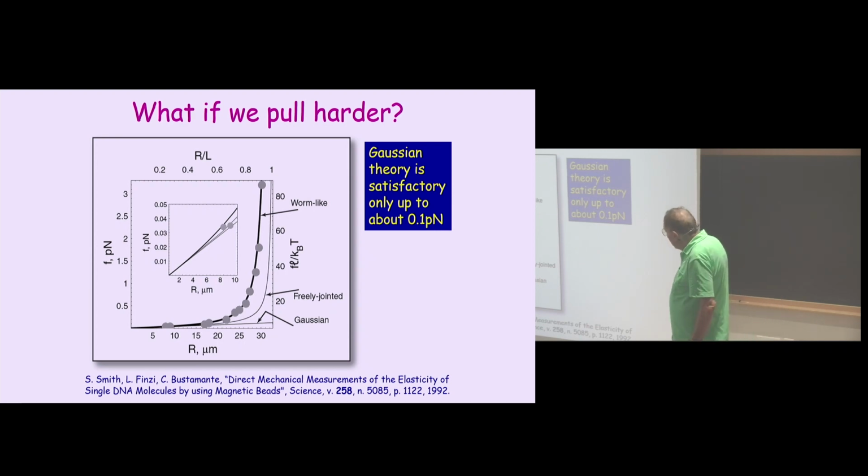The beauty of this experiment is it showed actually that this is not described by freely jointed chain, which is this line. The points well approximate the worm-like elastic rod bending model, which is the model for DNA, but in terms of the qualitative fact that I am concentrating on now, it's not so important. The important thing is that the force shoots up, because the more you pull, the more you iron out.